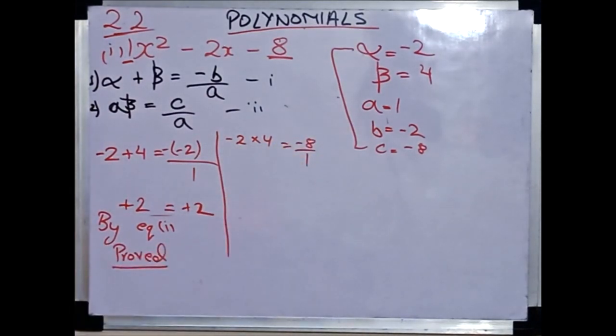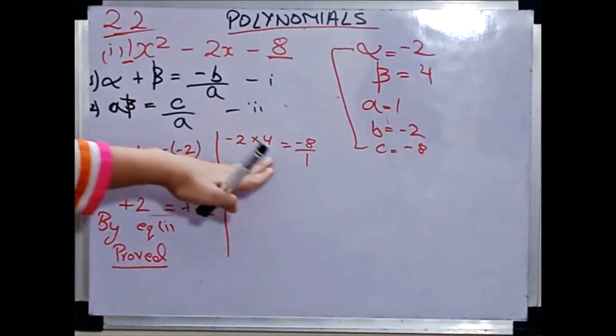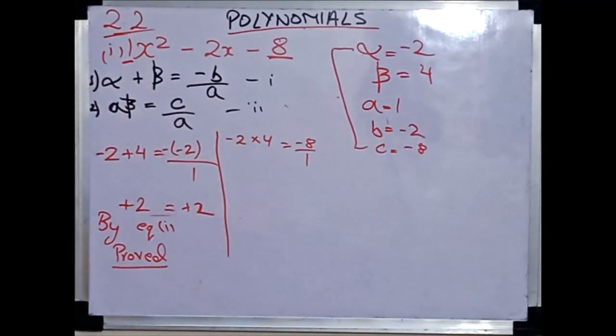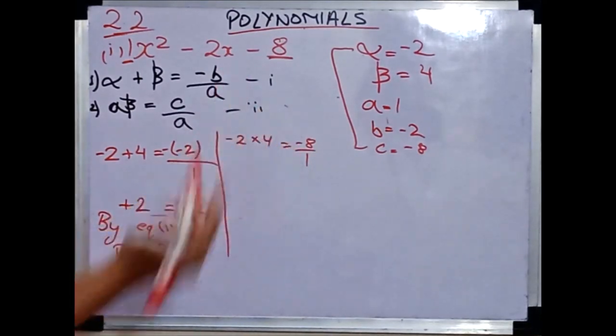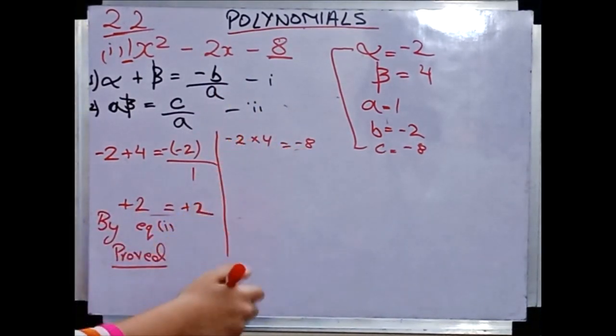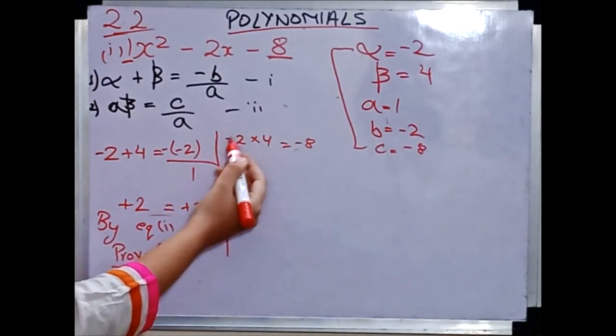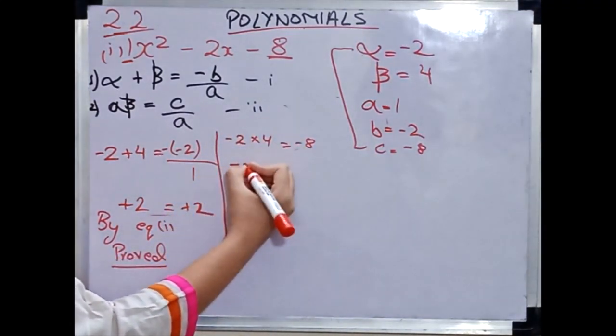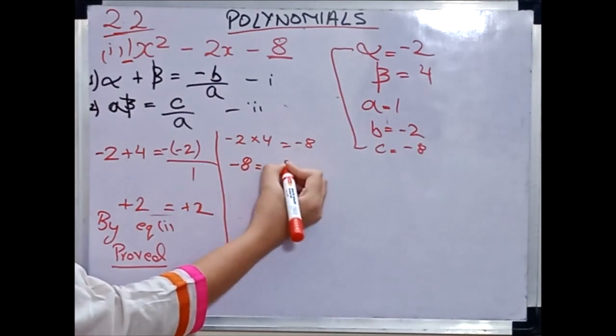If you don't write the upon 1 also, it won't deduct your marks, because 1 is negligible, you don't need to write it down. So let me just remove it. Now plus minus, minus 2 into 4 is minus 8, equals minus 8.